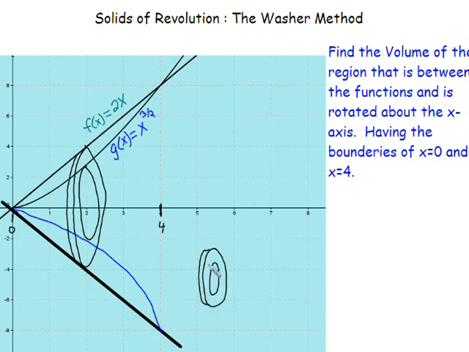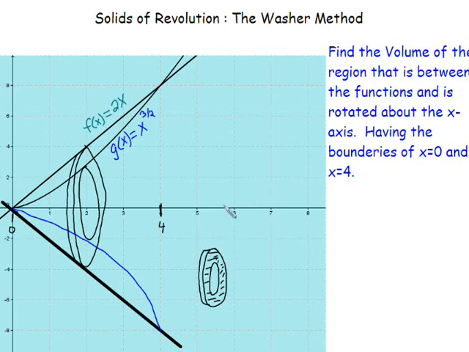Now, to find the area of this washer, we subtract the areas of the surface here. So kind of like what we did in compositions in geometry. We take the area of the bigger circle and subtract from it the area of the smaller circle.